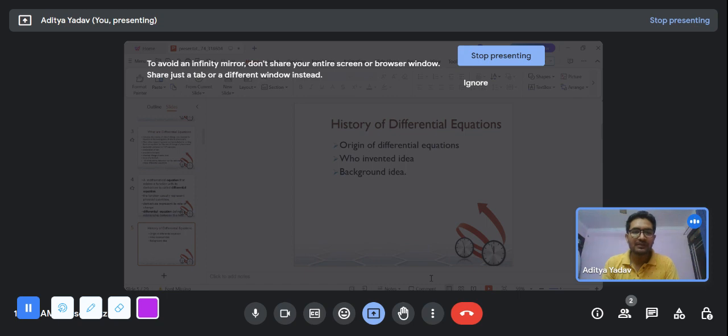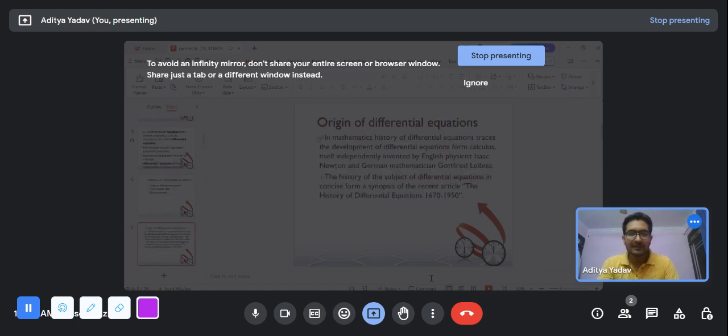History of differential equations. First we'll study the origin of differential equations, secondly who investigated the idea of differential equations, and thirdly the background idea behind differential equations.